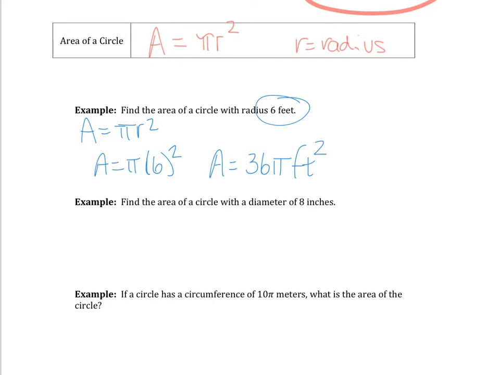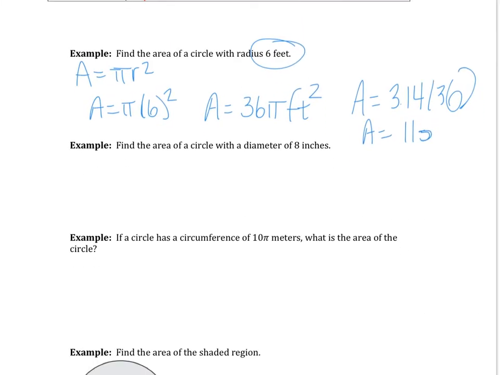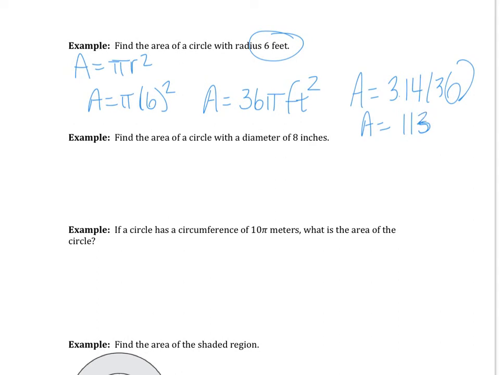And again, that approximate area would be equal to, multiply that pi, so 3.14 times 36. That would be 113.04, again making sure we're labeling that, feet squared.